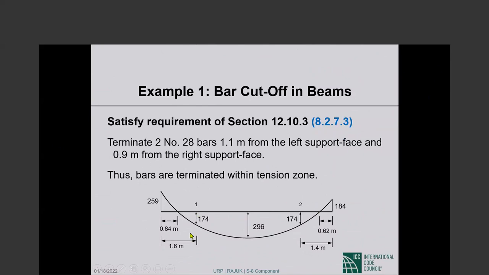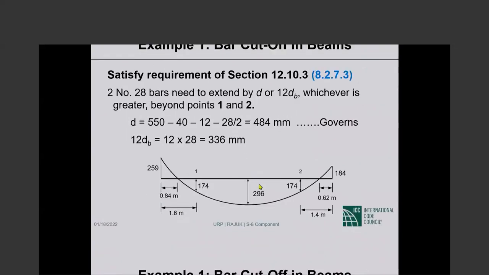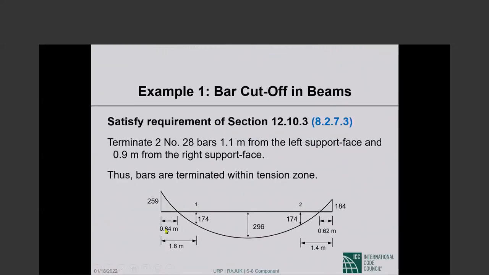Okay, so terminate two number 28 bars, 1.1 meters. So this is 0.84 meters, another 0.48.